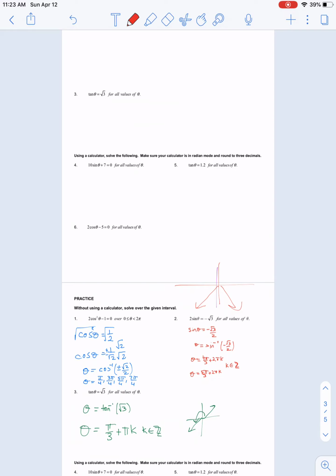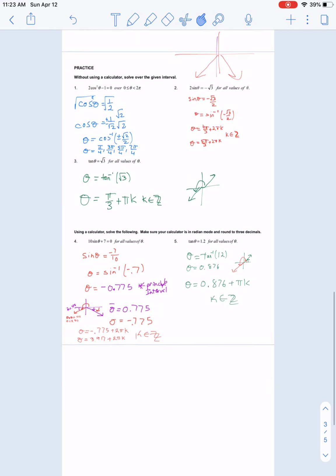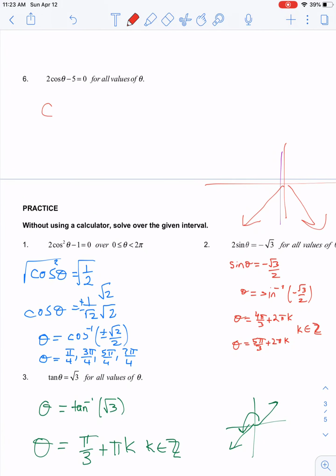Alright, so I think you've paused and now you're coming back to check your answers. Again, anytime you can talk through how you're solving, if you can explain your reasoning, that's really telling you I truly understand what I'm doing. And in problem 6, that is going to test our understanding. Here I would have cosine of theta equals 5 over 2.